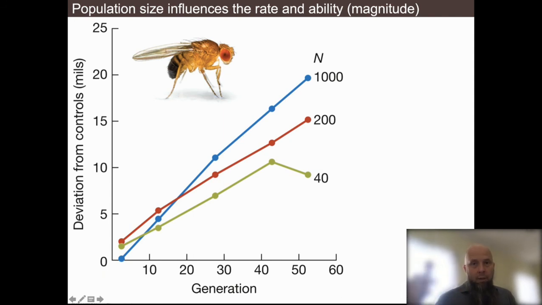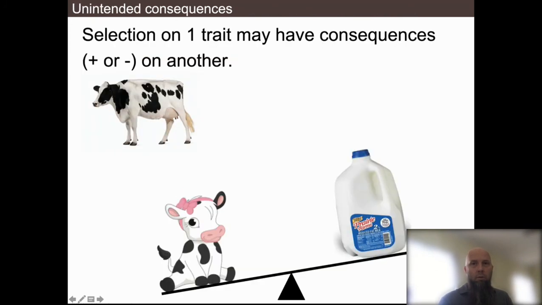Let it get up to 1,000 or 200 or 40, and then take another batch of the longest wings for the next generation, okay? The bigger the population is allowed to be, the more rapid the change in the population can be, okay? A small population of 40 flies can't evolve as rapidly, even if the strength of selection is the same, as a large population of 1,000 individuals.